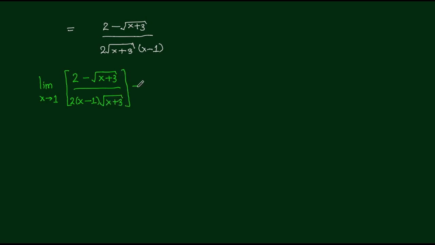So this is going to be equal to, we multiply the conjugate of the numerator in both the denominator and the numerator itself.